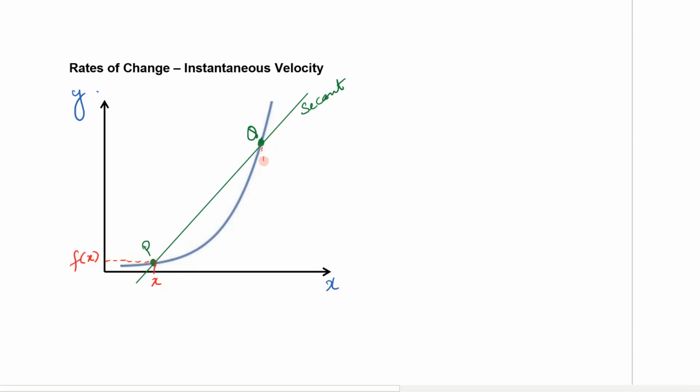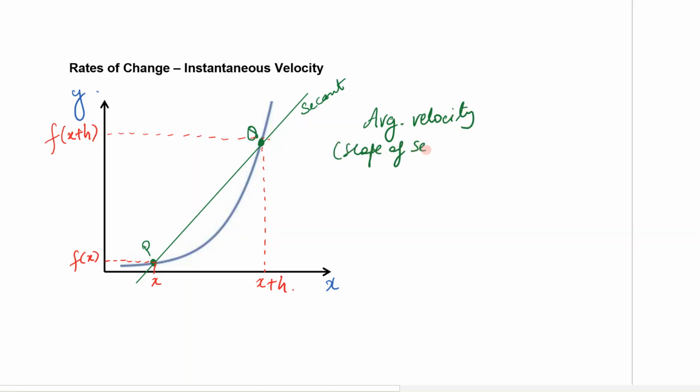Similarly, I'm taking another point to the right of x. This point is x plus h and the corresponding y value would be f(x plus h). If I write the slope of the secant line, that will give me the average velocity.